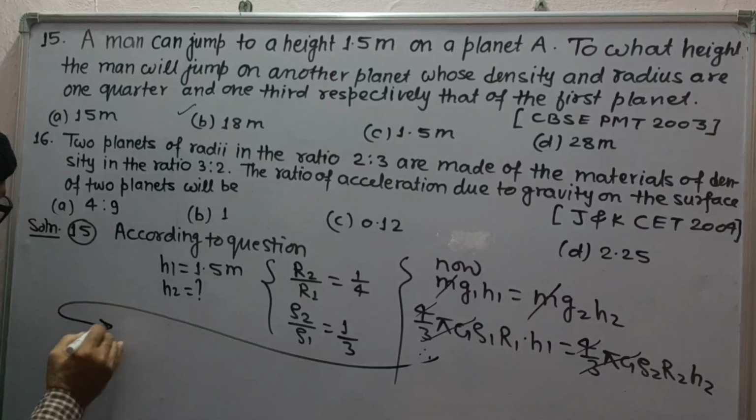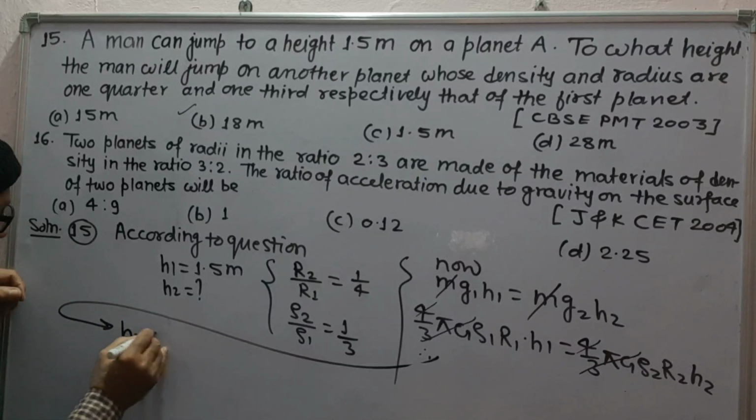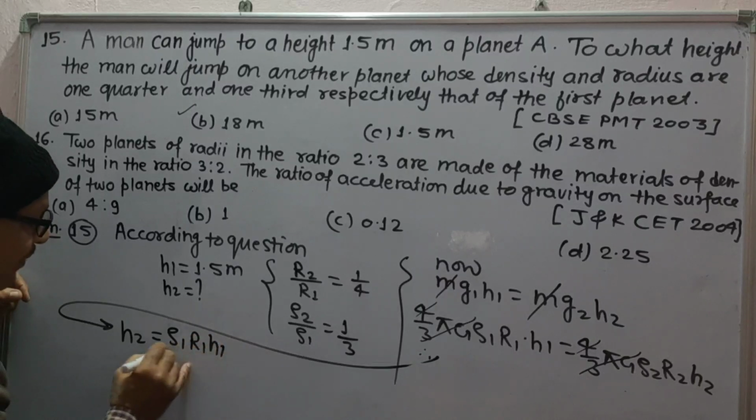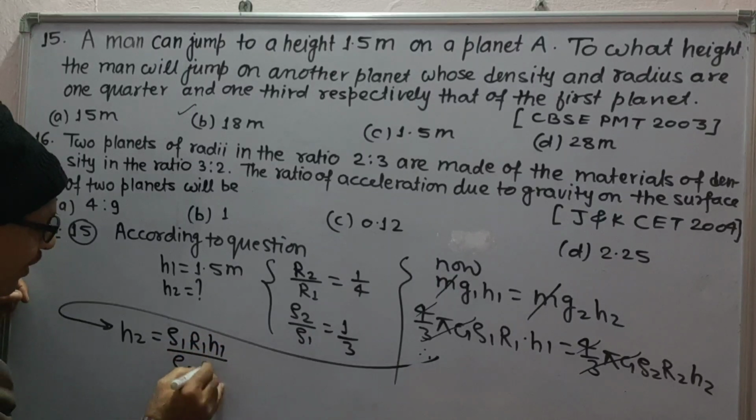This gives h2 as rho 1 r1 h1 upon rho 2 r2.